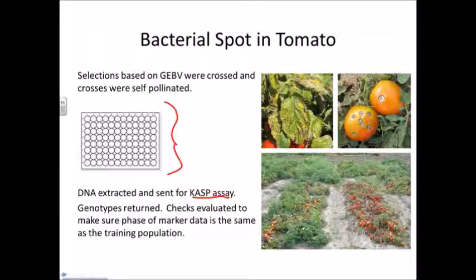We do include some checks in this plate, and we evaluate those first to make sure the phase of the marker data is the same as the phase in the training population. And this is important. The reason that this is important is that if I develop an assay, say on the Illumina platform, and then I want to convert that assay to another platform, they may decide to reverse the primers because they're going to get a better assay.